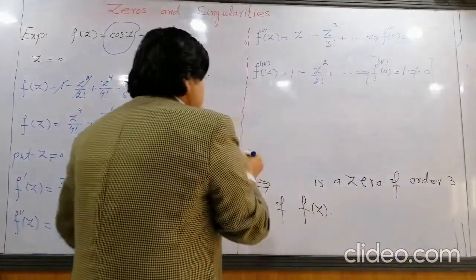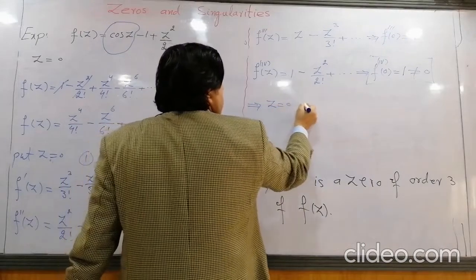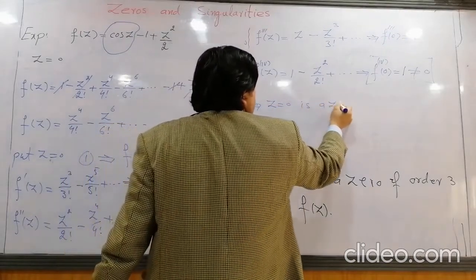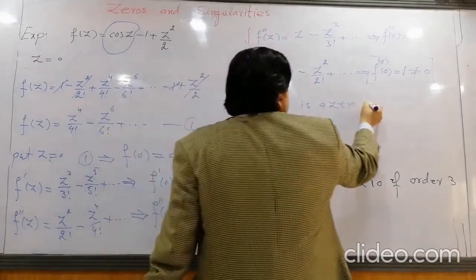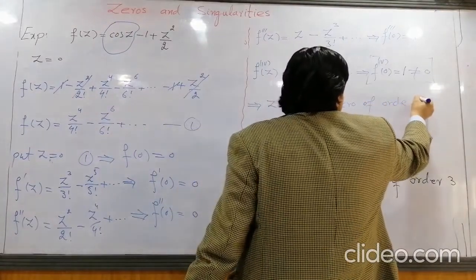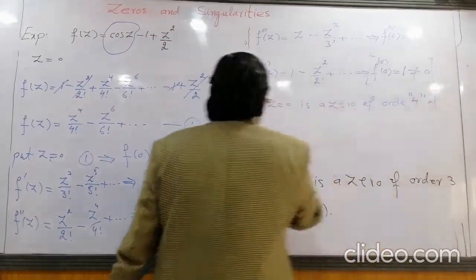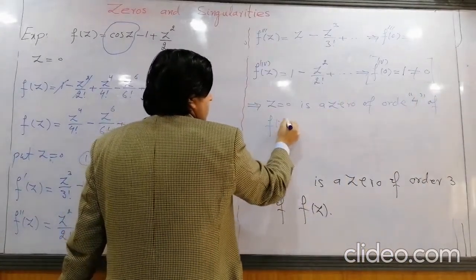So this implies that z is equal to 0 is a zero of order 4 of the given function f of z.